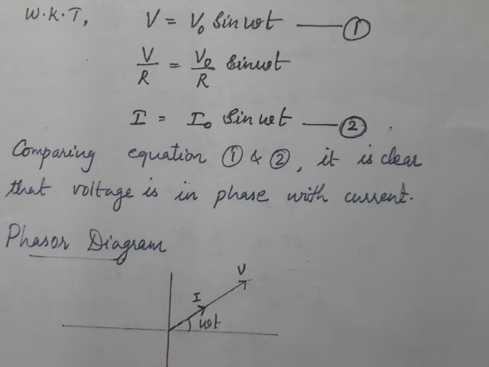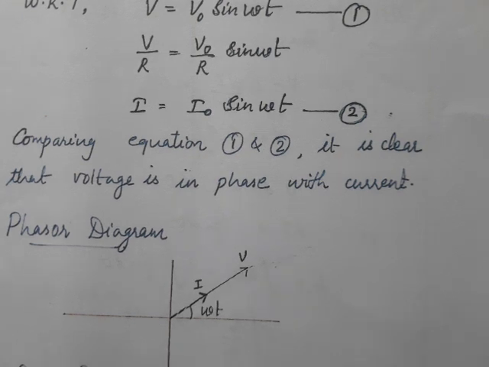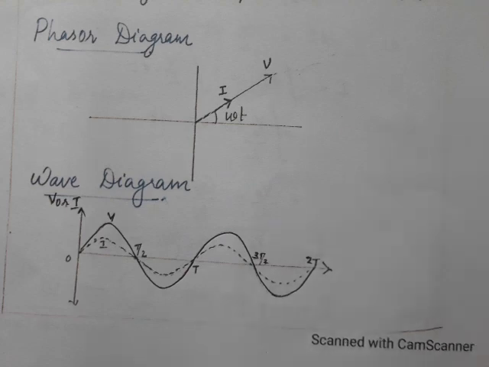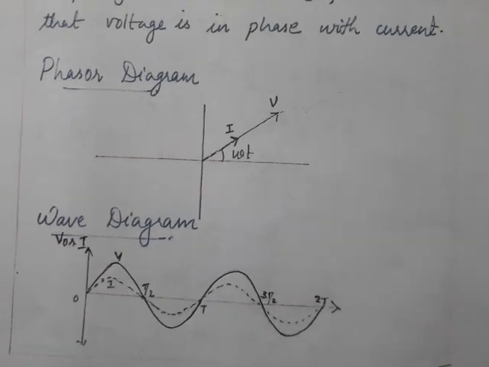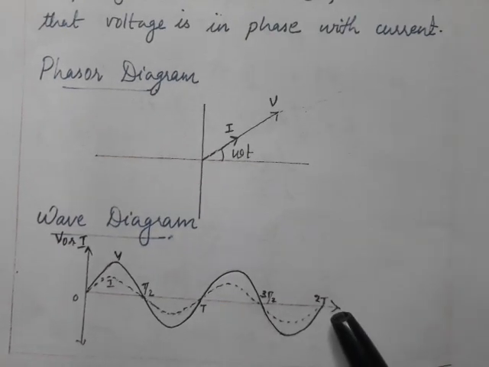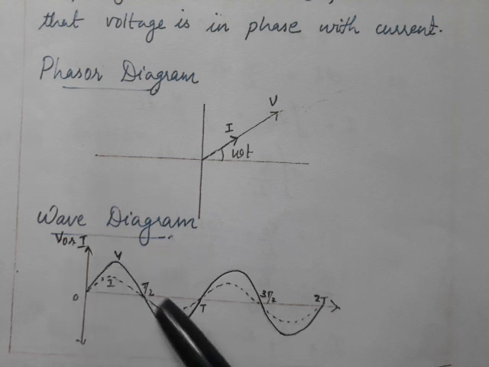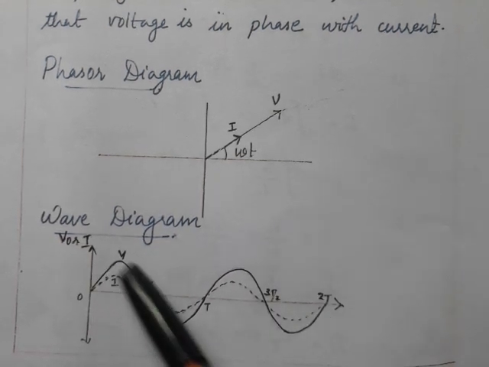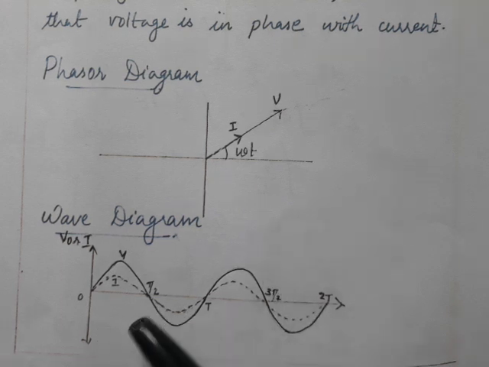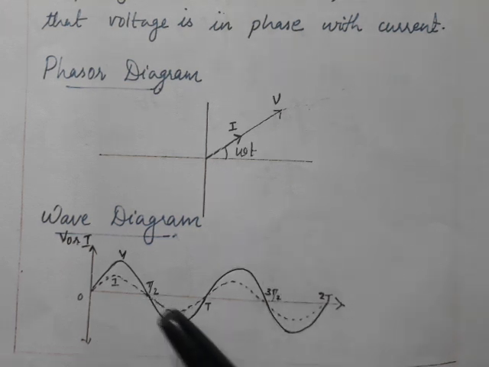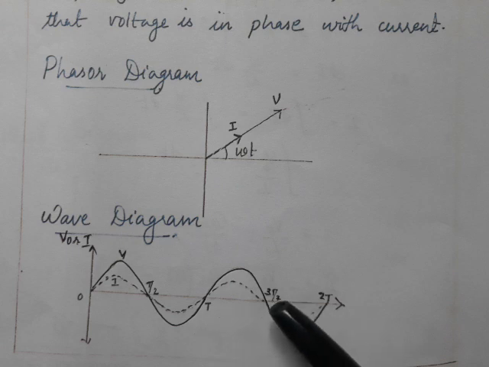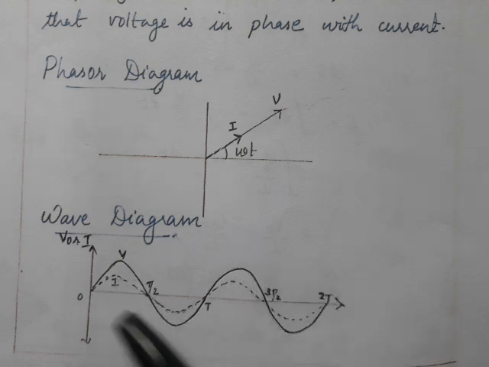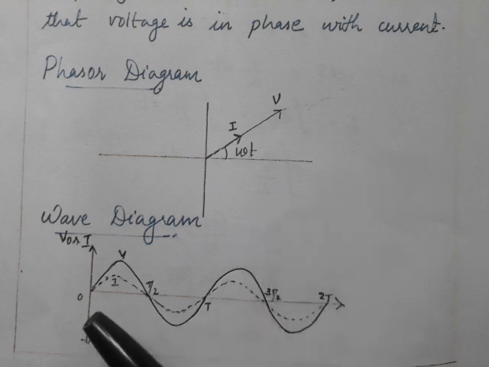This can be represented in another way also, that is by a wave diagram. Here is a wave diagram, and that wave diagram shows voltage or current with the angle. The usual AC signal, that is voltage V, is shown as the bold line here with different intervals, that is T by 2, T, 3T by 2 and 2T, like different time intervals. The AC wave is shown here.